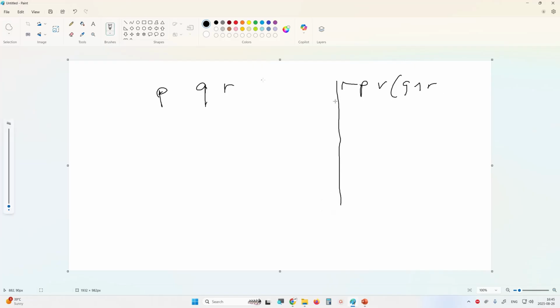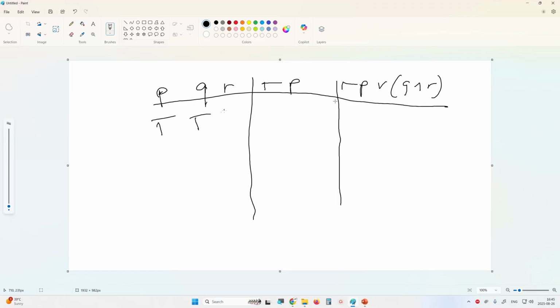And why I left some space: because I said not P, I would like to have this not P as well, so that when I'm doing the comparisons, I can easily see which one is which. So this is true, true, true.